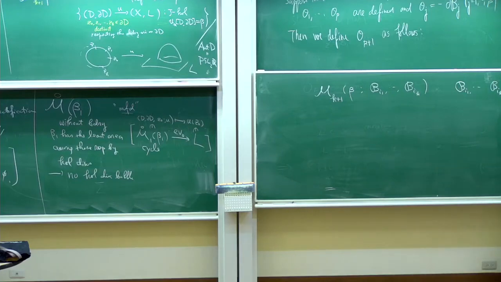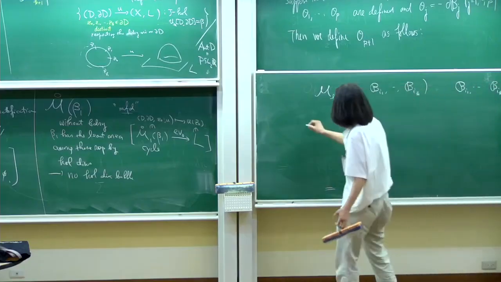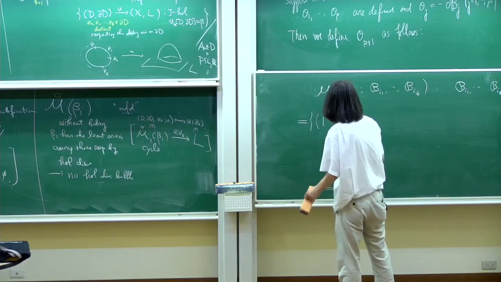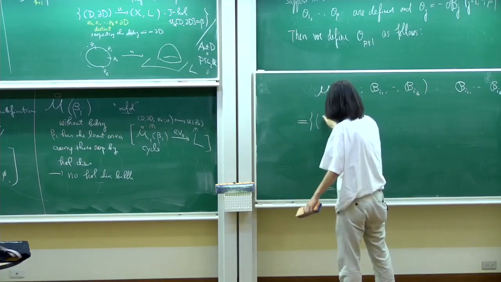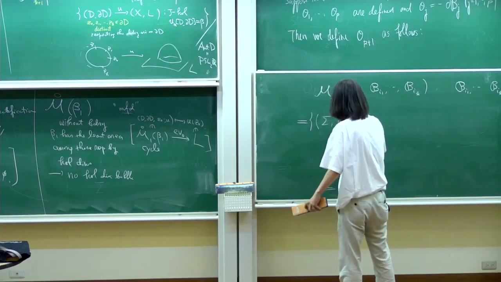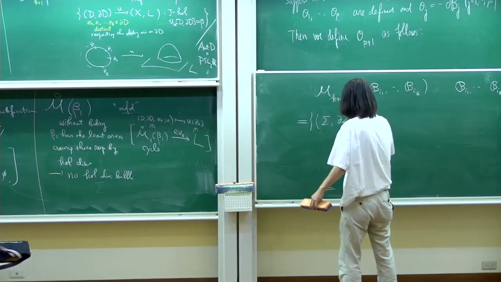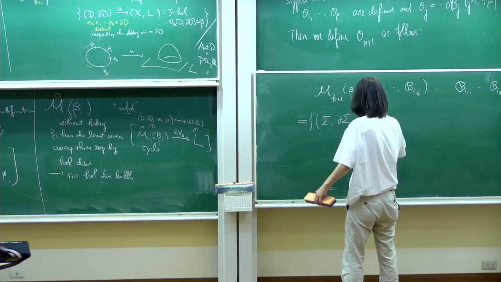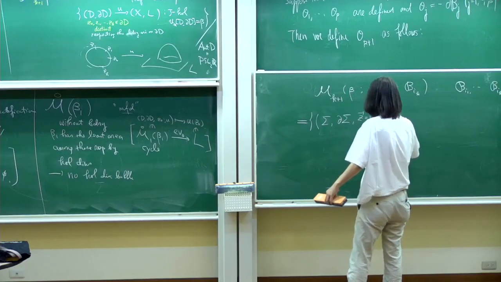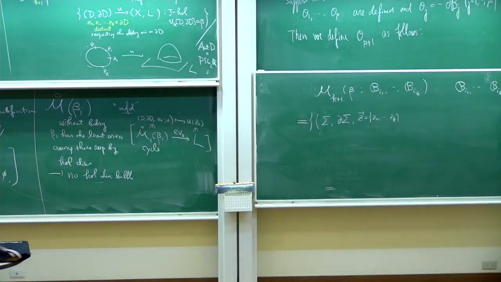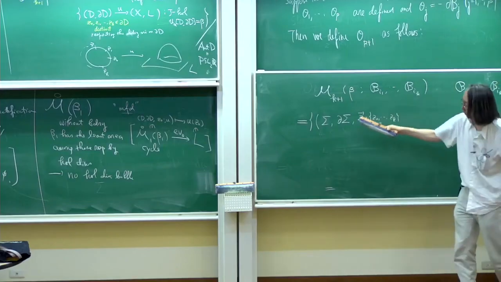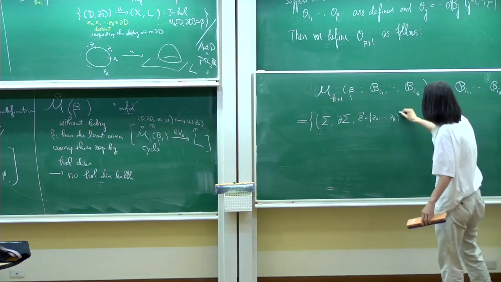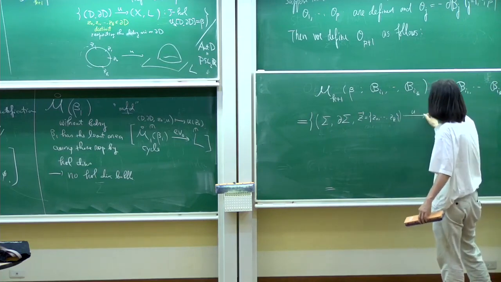So what is it? So here it is a map, sorry, maybe I already used it, a stable map. So I have k+1 marked points on the boundary of the domain curve, and then I have a holomorphic map u to X, L, right?